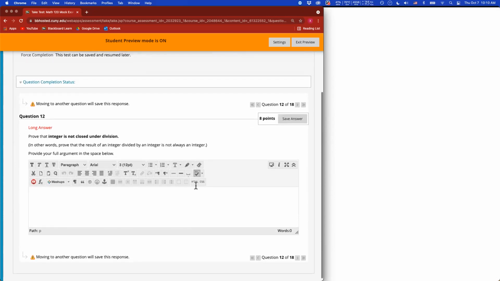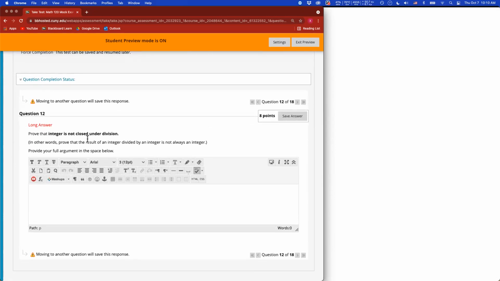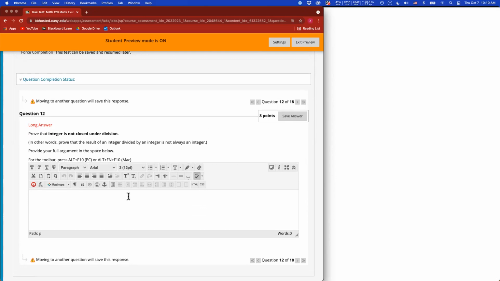Okay. Now here we want to show integers are not closed under division, right? In other words, we want to show that if you take an integer divided by an integer, it's not always an integer. So to prove it, this will be proved by contradiction again.